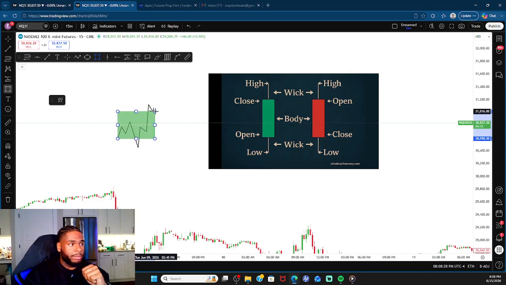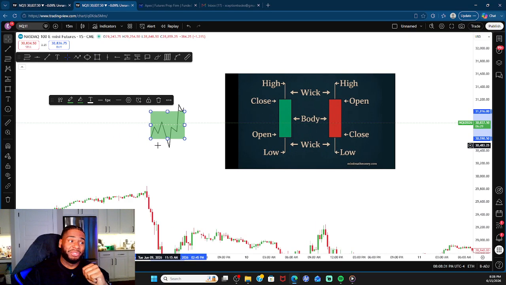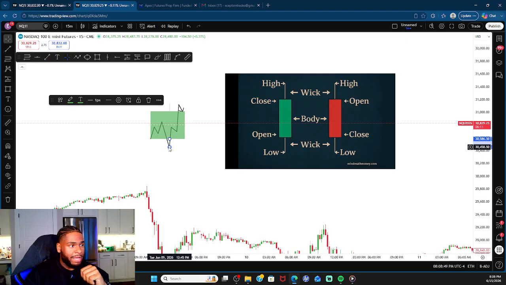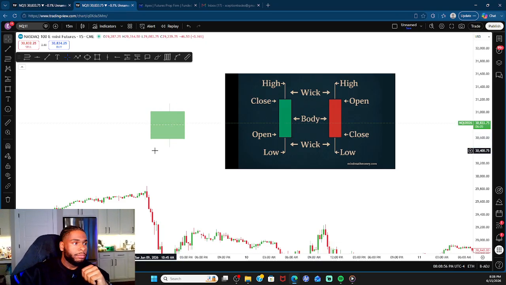This would be our body, the thick part of our candle. Here, that would be our wick, how high we wicked up to on the top side, and this is how low we wicked to. This is your fat, goofy, thick candle. That's what's happening inside of here.